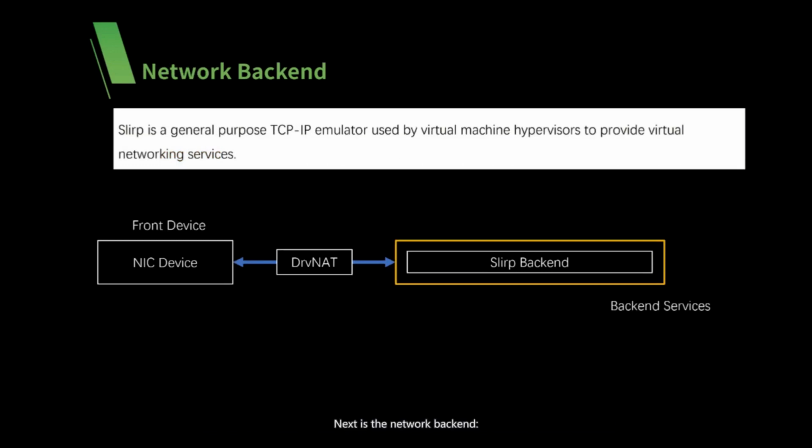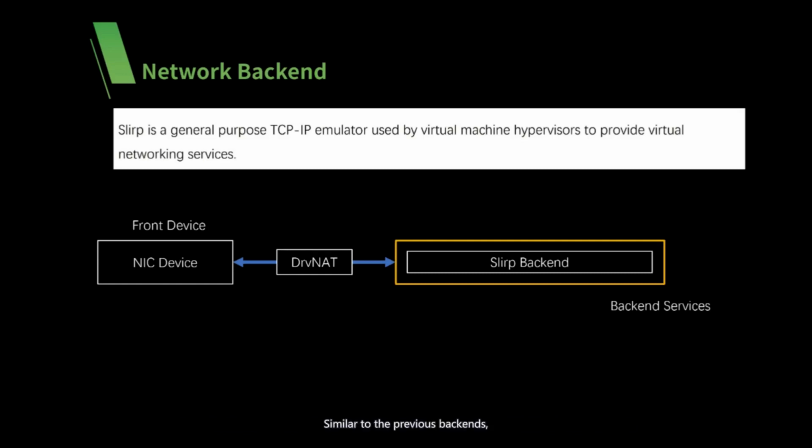Next is the network backend. The backend of the network card device is mainly used to process the network packet protocol and then forward it. VirtualBox uses a third-party open source library, SLIRP. Since the library can be easily compiled and run independently, many people have used it.